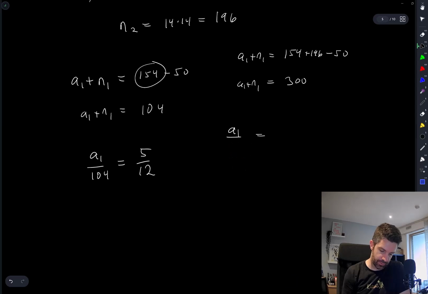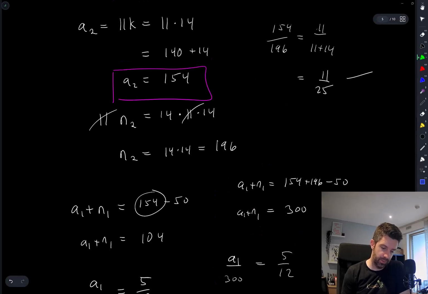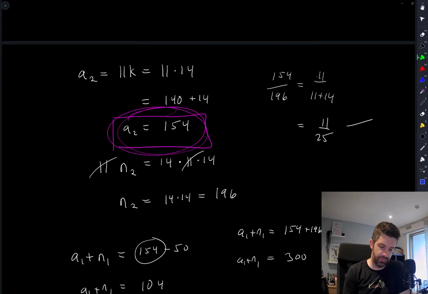A1 over 300 is equal to 5 over 12. So A1 is equal to 5 times 300 over 12. That's 5 times 60, so A1 is 125 and N1 is 175, as I found below. Okay, yeah, so the answer, 154.